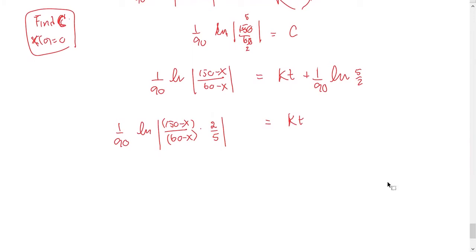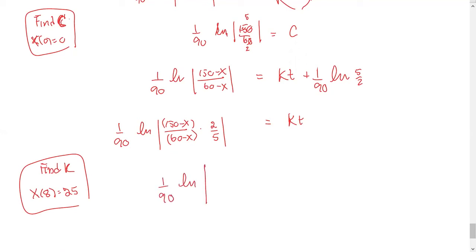And to find the k, use x at t equals 8 is 25. Okay, x at 8 equals 25. And then plug it in: 1/90 natural log absolute value of 150 minus x divided by 60 minus x, and multiply by 2/5.